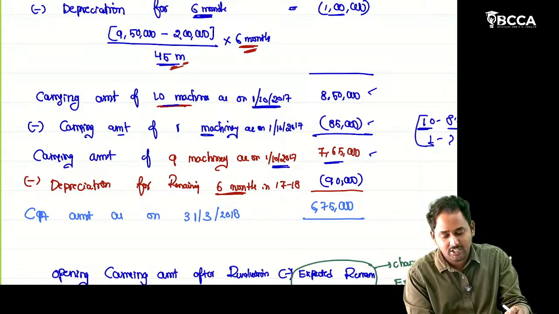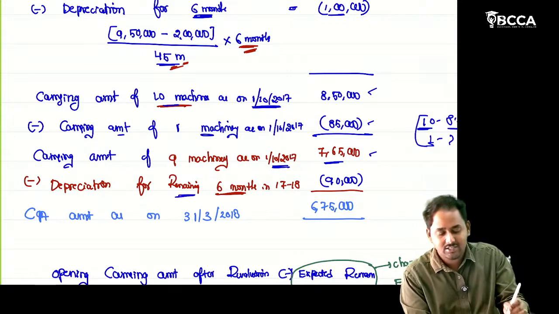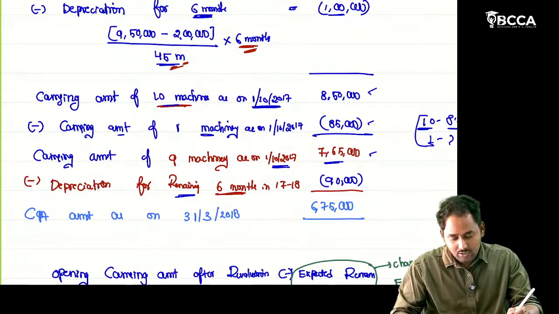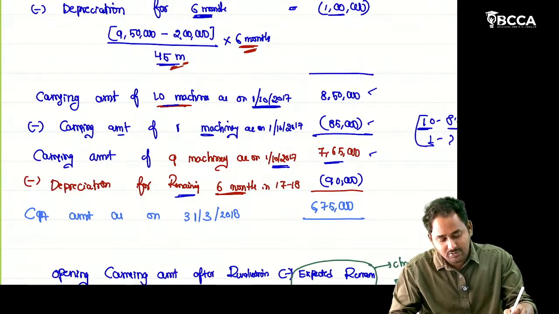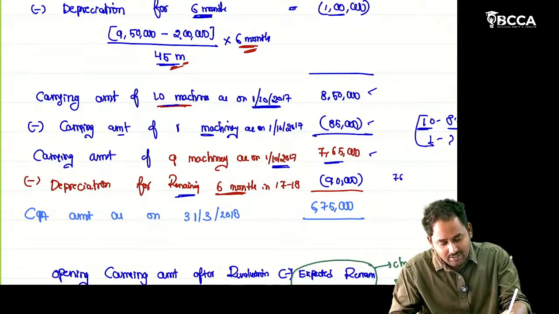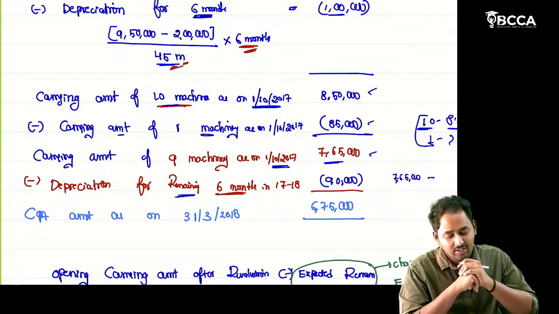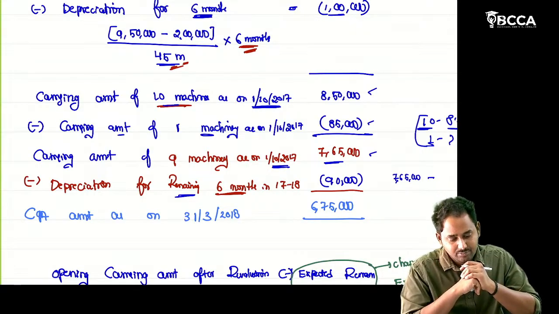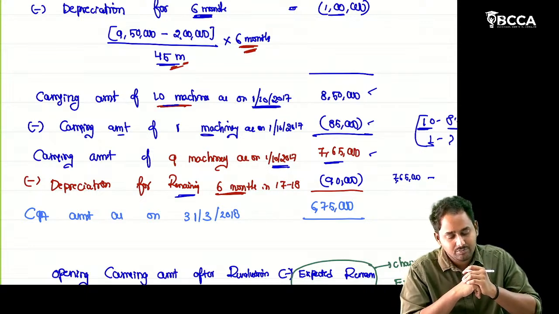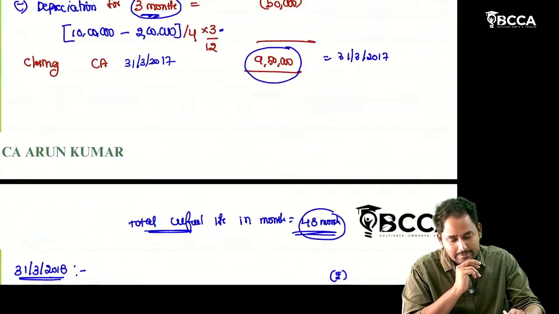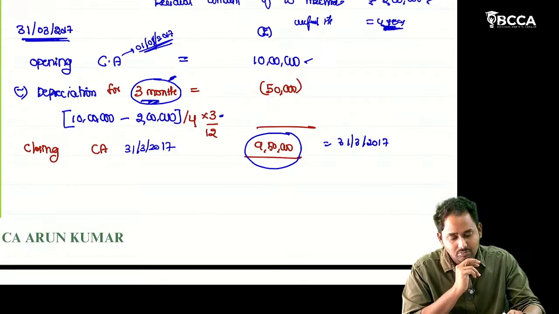Then we should provide the depreciation for the remaining 6 months in 17-18. So what is the depreciation for the remaining 6 months? 7,65,000 minus what is the residual value?